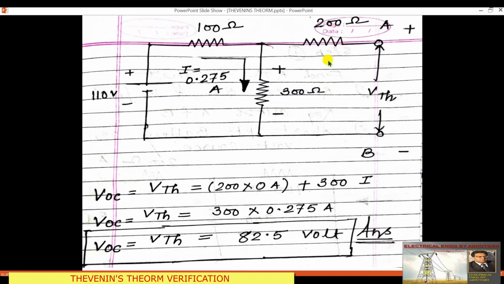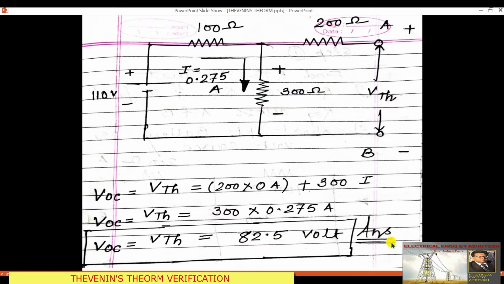Then moving further, we enter the 300 ohm resistance, and we write plus because we enter at the positive terminal: plus 300 into I. I is 0.275 ampere, so multiplying, VTH, the open circuit terminal voltage, equals 82.5 volt.